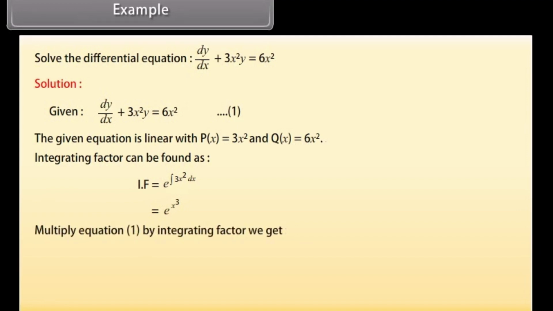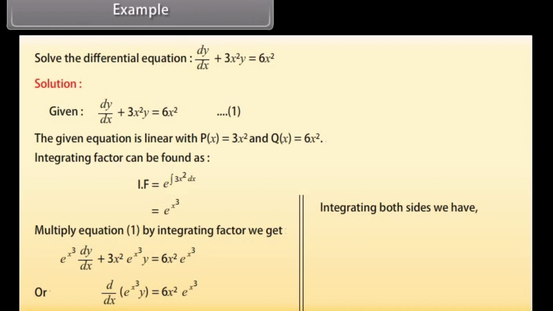Multiply equation 1 by integrating factor, we get e^(x³) dy/dx + 3x² e^(x³) y = 6x² e^(x³), or d/dx (e^(x³) y) = 6x² e^(x³).